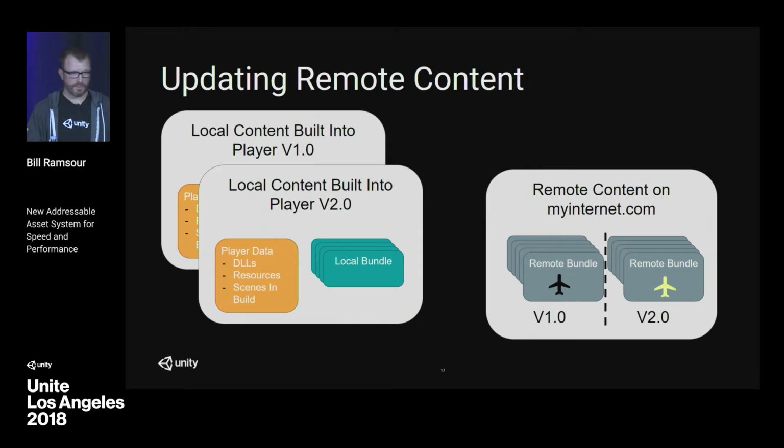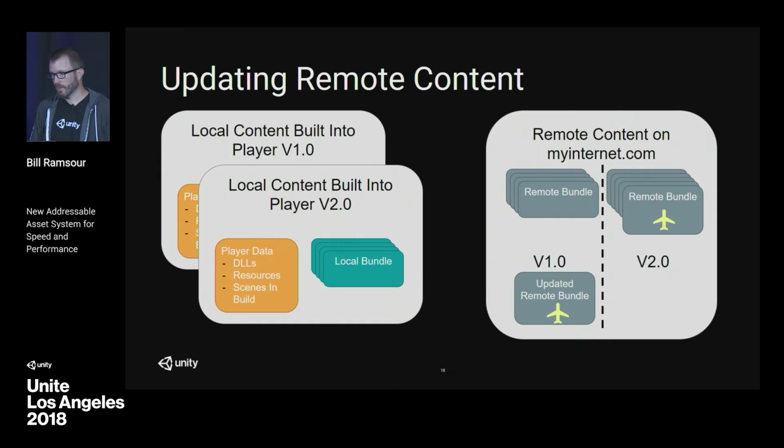But V2 of my app has a yellow airplane, and I decided that looks a lot better than the original airplane, but a lot of people are still using the original app. Maybe they can't update for whatever reason, and I want to change V1 content to have the yellow airplane. Well, in this case, I only need to do the build for content update.